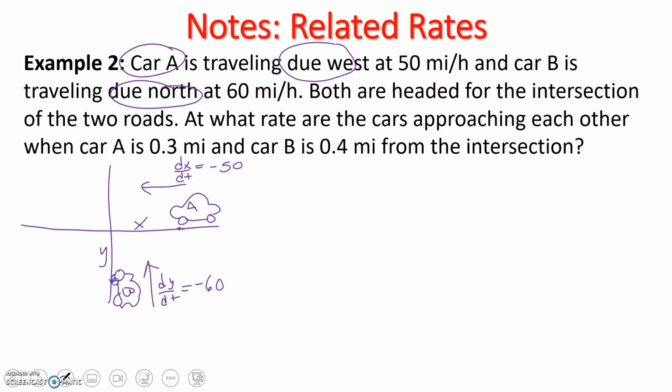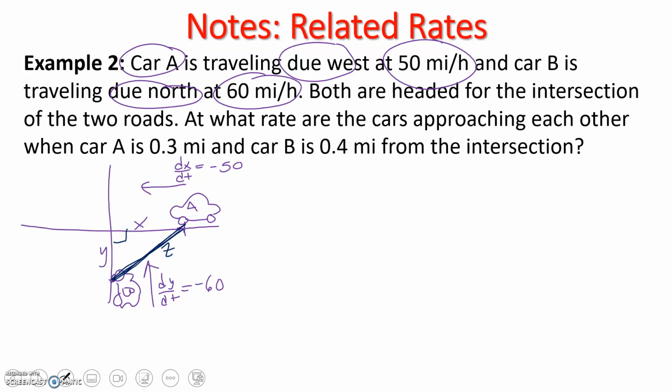Because the distance from the intersection y and the distance from the intersection x is getting smaller, we'll use these rates as negatives. Okay? And then we're going to say that the distance between the two cars is given by this line here, and we're going to call that z. Now note here, this forms a right triangle.